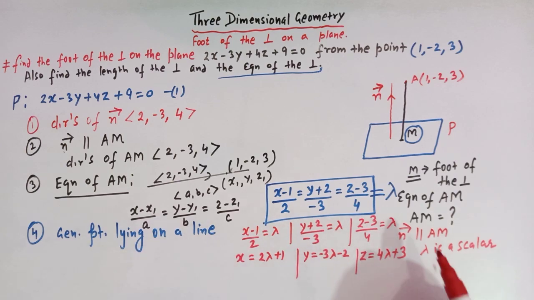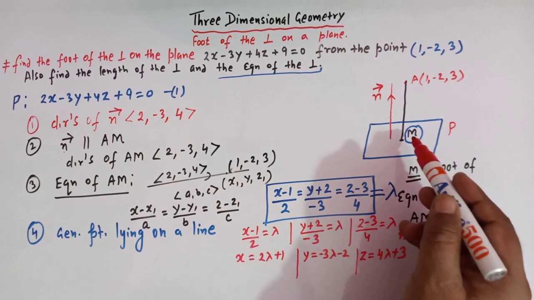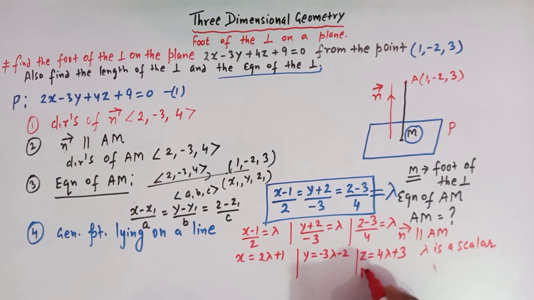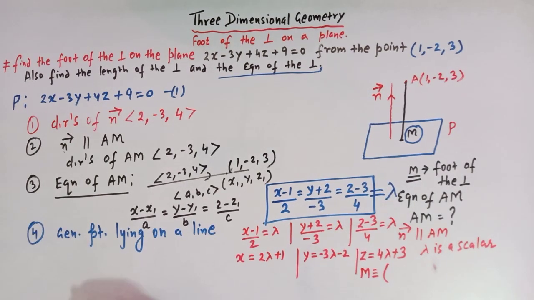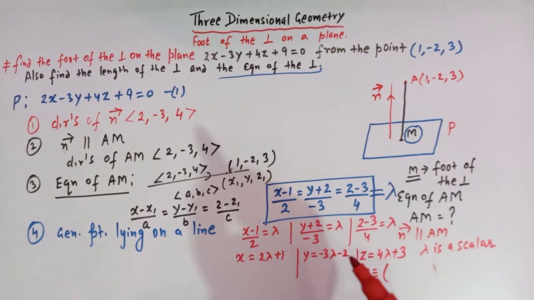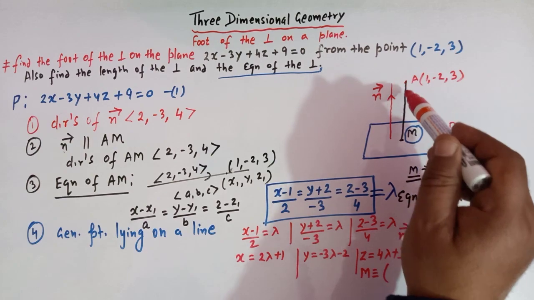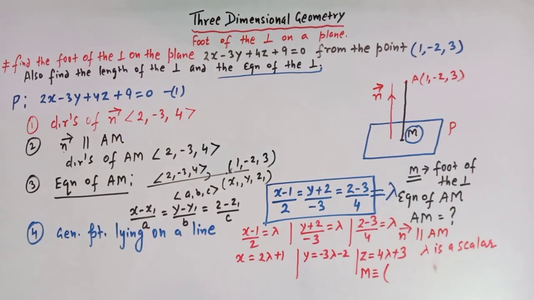So now we have obtained the coordinates of this point M as x, y, z for some value of lambda, right? In fact, x, y, z represents the coordinates of the general point lying on this line AM, and M is one of the points which lies on this line AM, for some value of lambda.